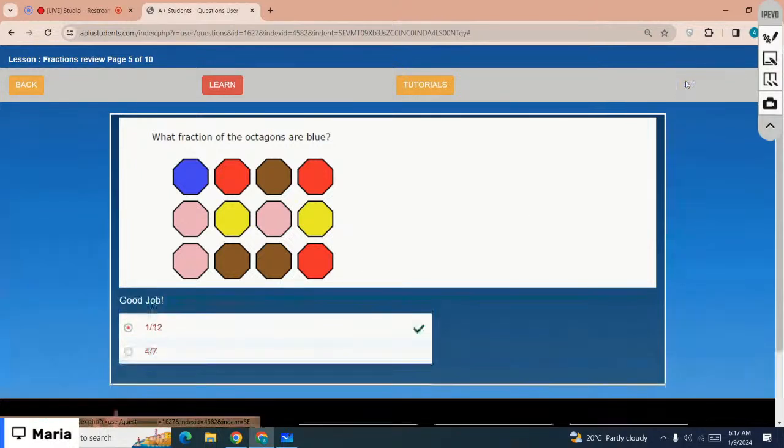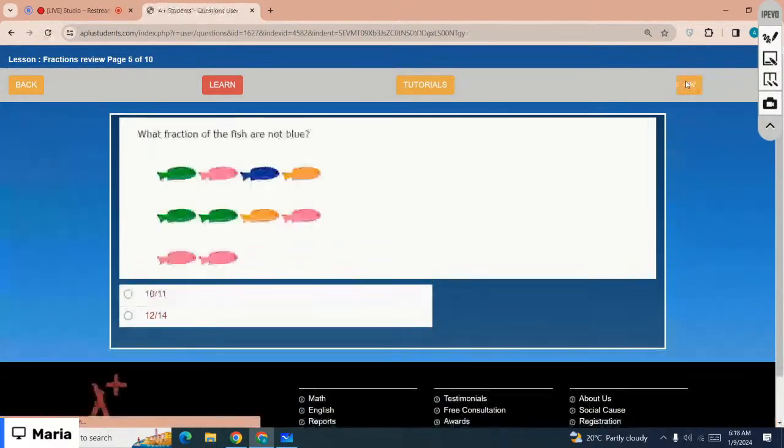What fraction of the fish are not blue? Which is the correct option? Which of them are not blue?